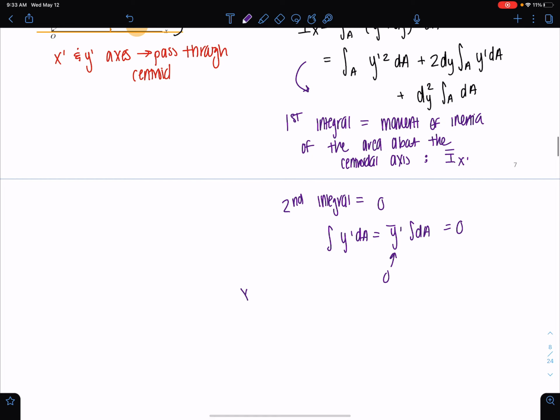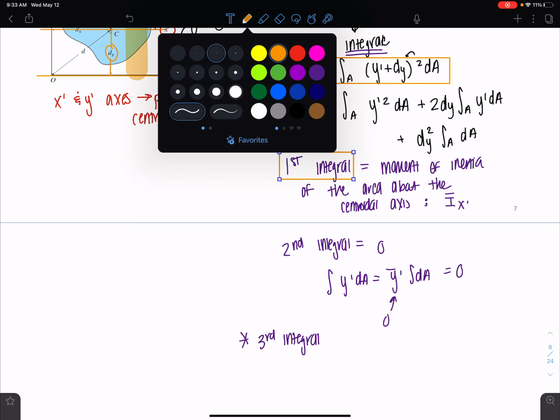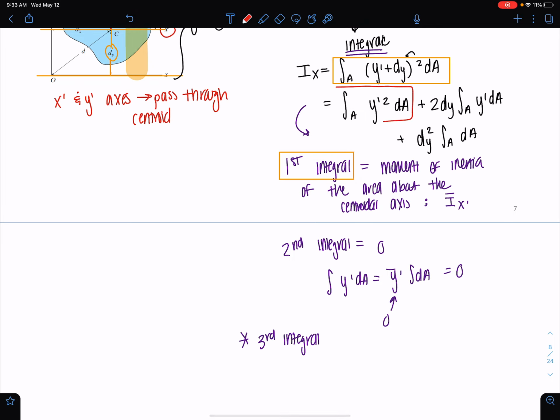Now our third integral, right, so this is the first integral. Let me box these. This is the first integral. The second integral is this one, which is 0.